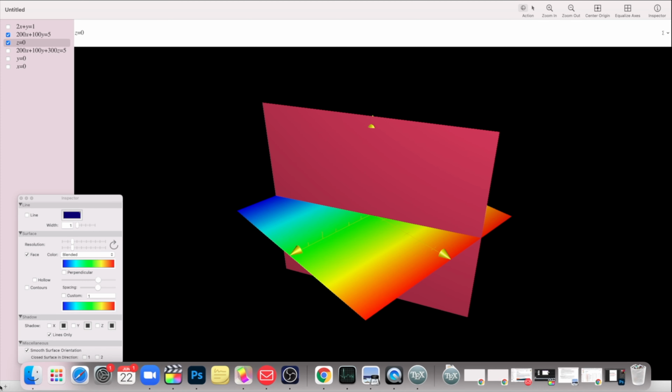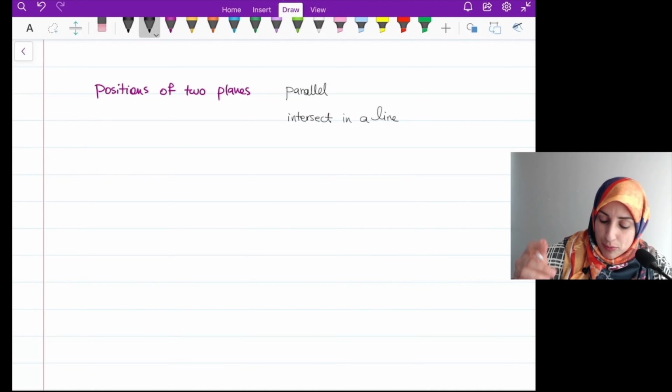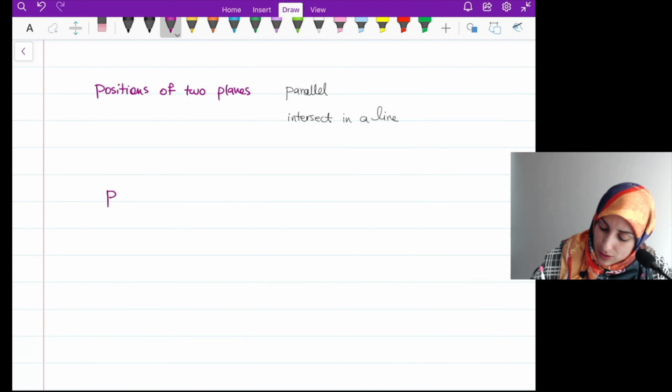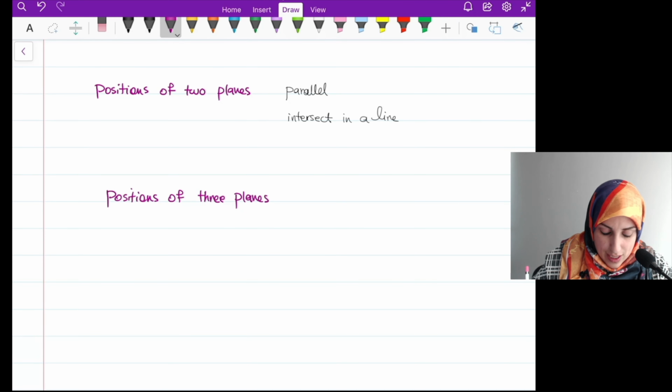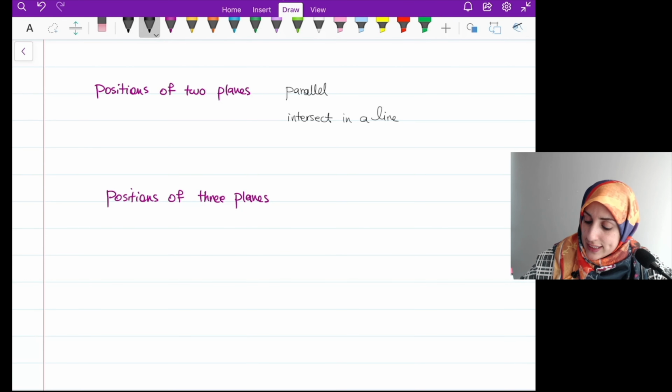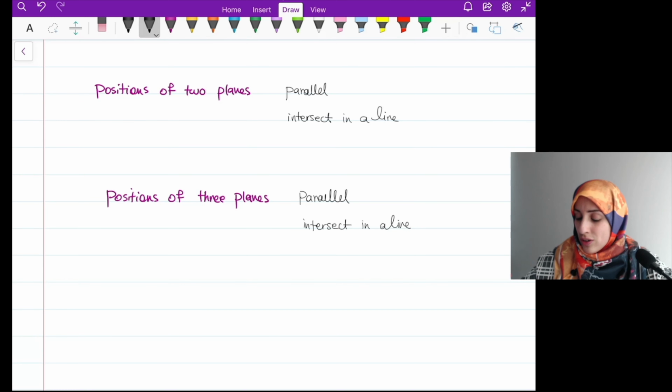And now, positions of three planes. If you have three planes, they can be parallel, they can intersect in a line, or they can intersect in a point.